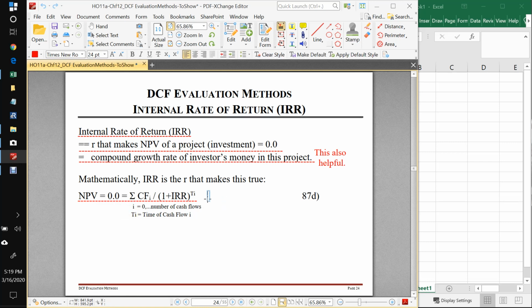So let's say memorize this also. This is important because this is always our first step in applying the internal rate of return method. We set the NPV equal to 0, and then we solve for what's the R or the IRR that makes that the truth, the whole truth, and nothing but the truth.